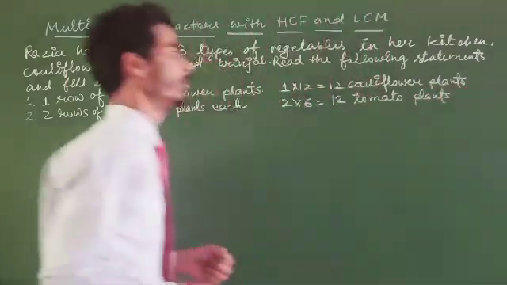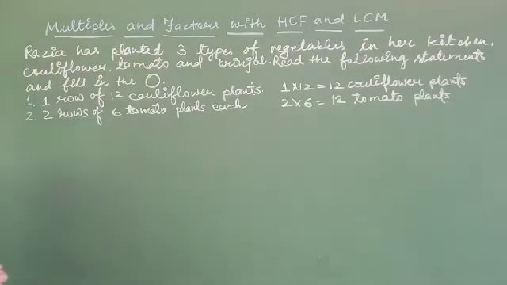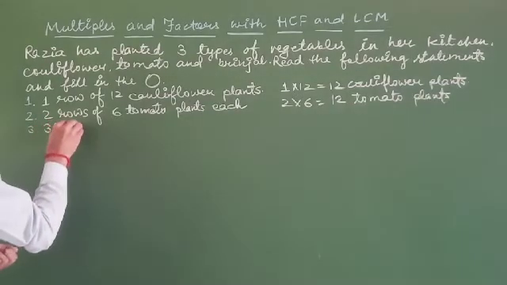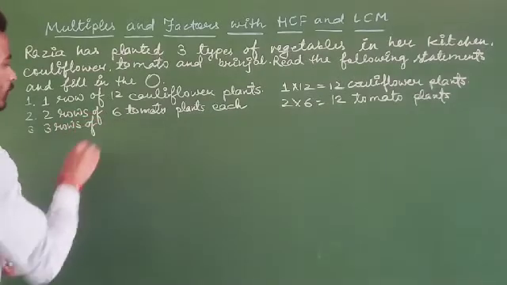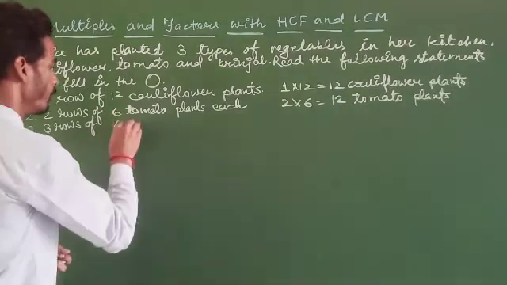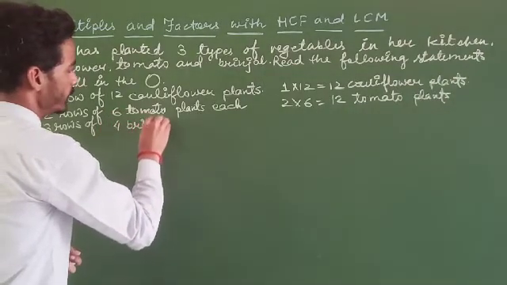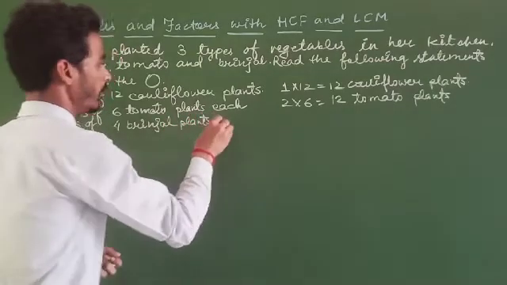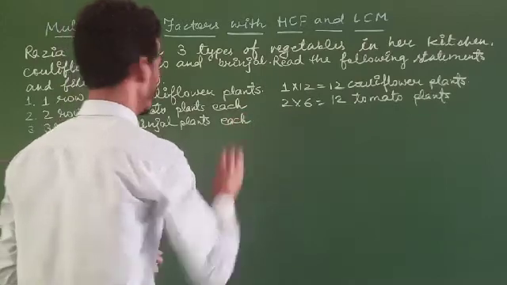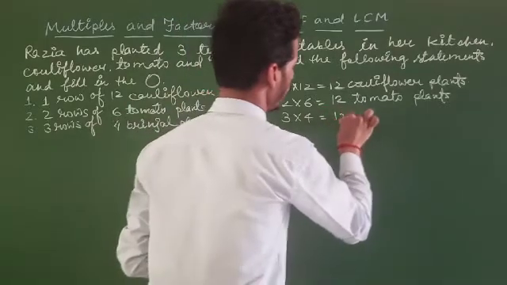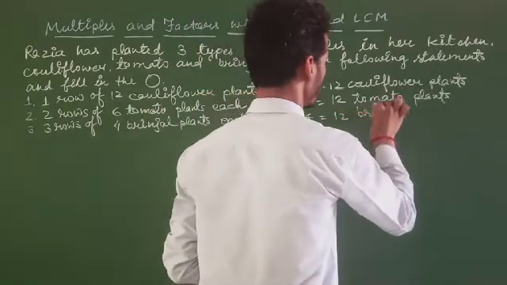And then there are brinjal plants, so 3 rows of 4 brinjal plants each, that is 3 multiplied by 4 is equal to 12 brinjal plants.